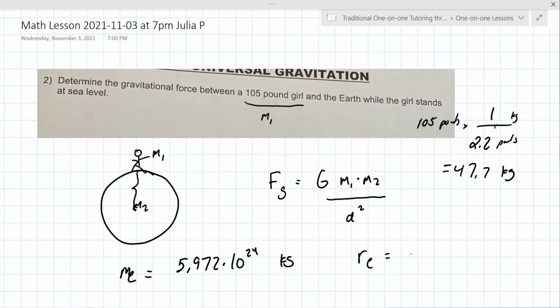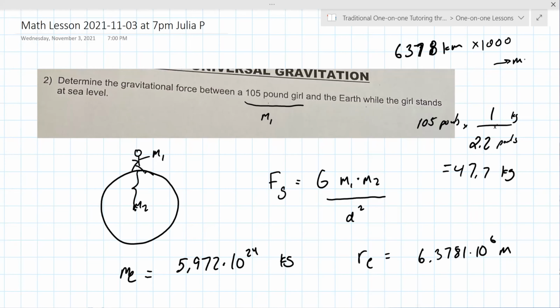It's 6.3781 times 10 to the sixth meters. Hopefully that's something you've seen there. Sometimes they tell you it's 6,378 kilometers, which is not useful because it's not in meters. You have to convert it to meters because meters is your SI unit, so you multiply that by 1,000.